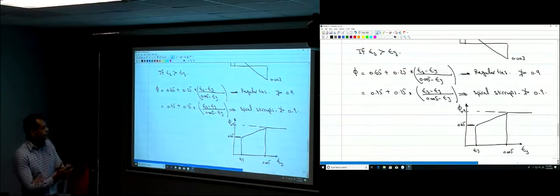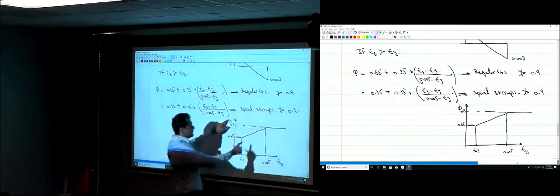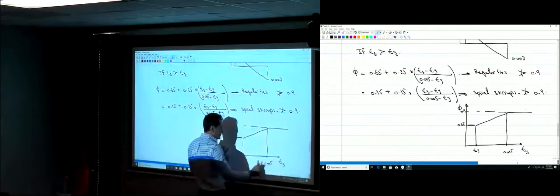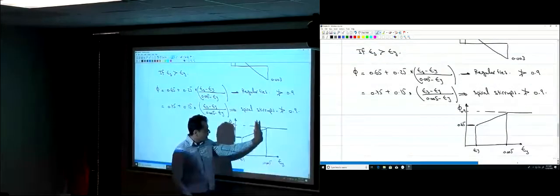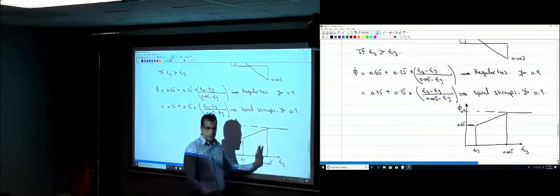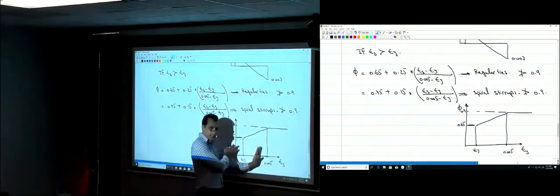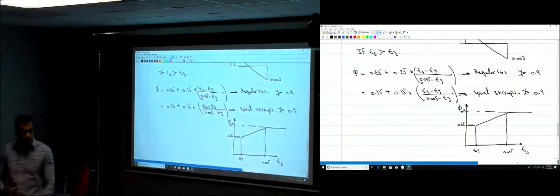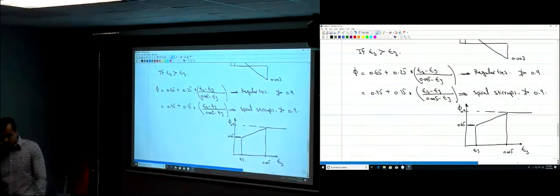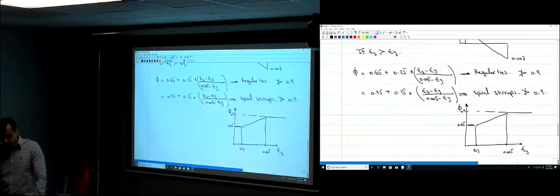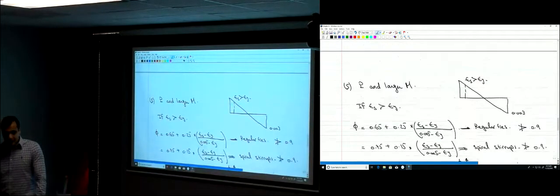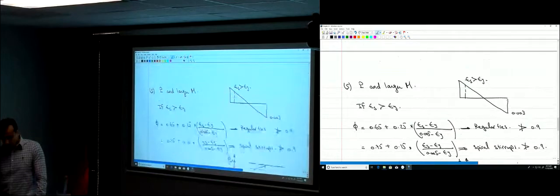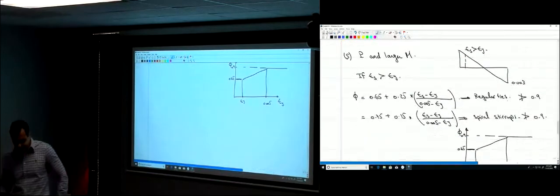So the maximum value for phi is 0.9 when the strain is 0.005. For beams, we had a limitation here, 0.004. We cannot go in this range. But now, for beam columns, you can go everywhere. The strain in the steel can be any value. So this is the fifth case. What's the sixth?